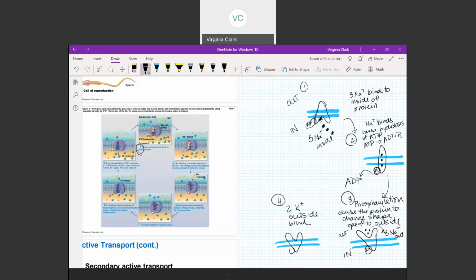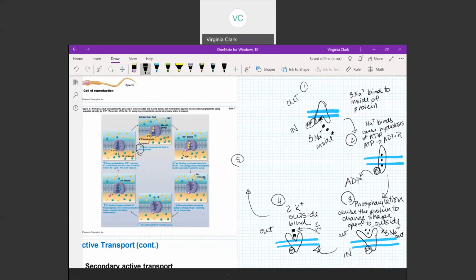Remember, it still has phosphate attached. And now I'm going to do squares. My two potassium are binding. And when your 2 potassium bind from outside the cell, that will trigger step number 5.